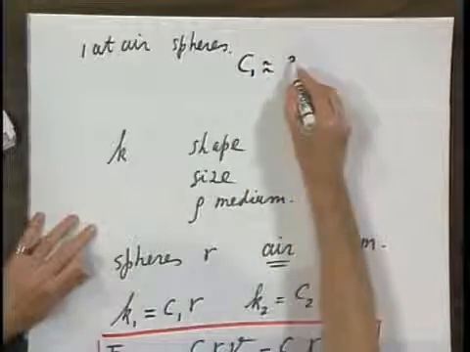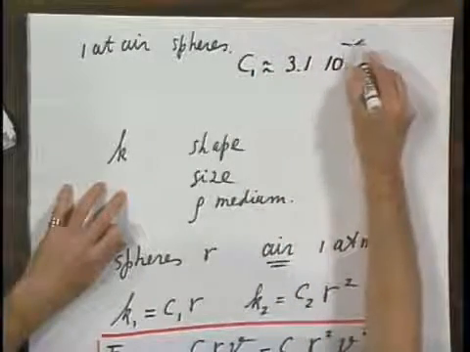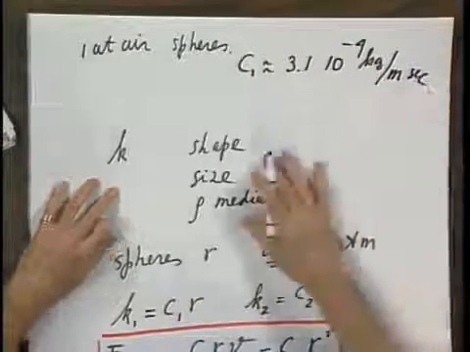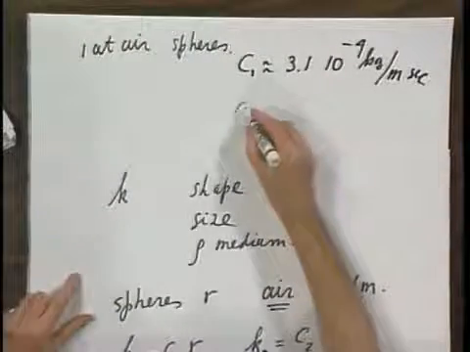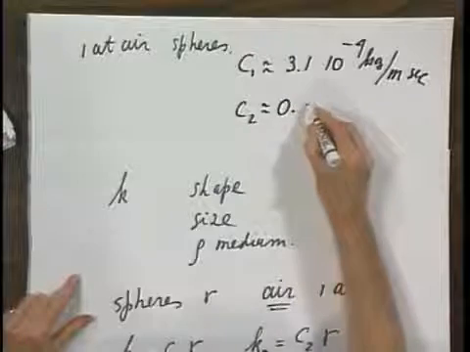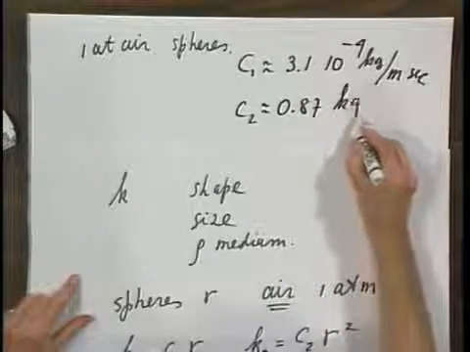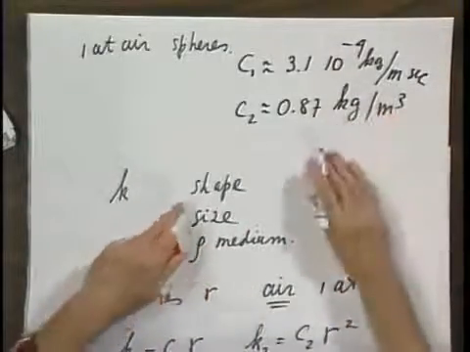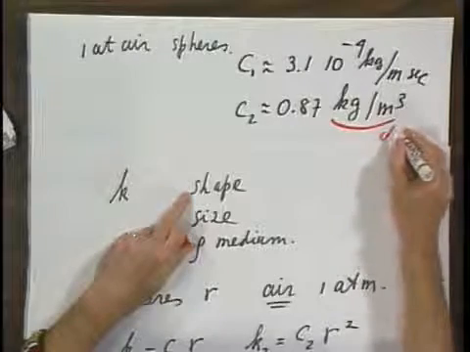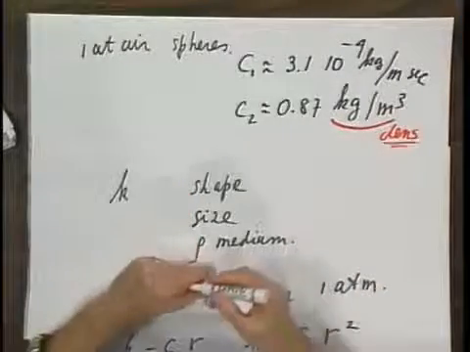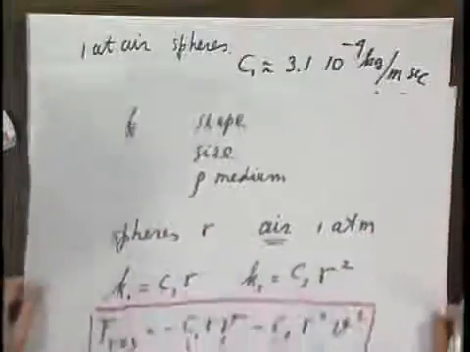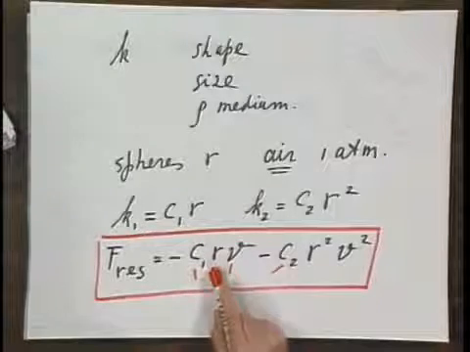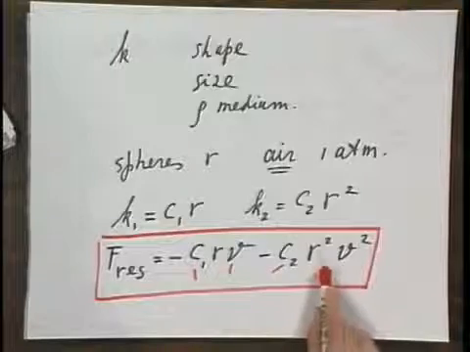C1 is approximately 3.1 times 10 to the minus 4 kilograms per meter per second, and C2 is approximately 0.87, and here the unit is kilograms per cubic meter, which is exactly the same dimension as density. Kilograms per cubic meter has the dimension of density. Now, it is not so easy to see where this term comes from, and I will not further discuss this term. This term is much easier to digest.